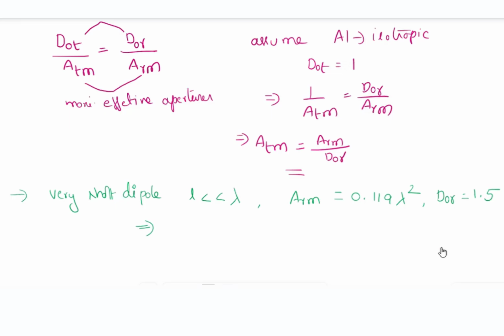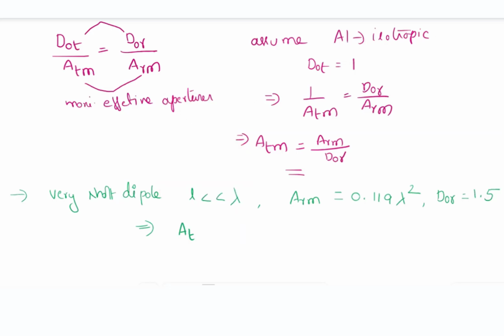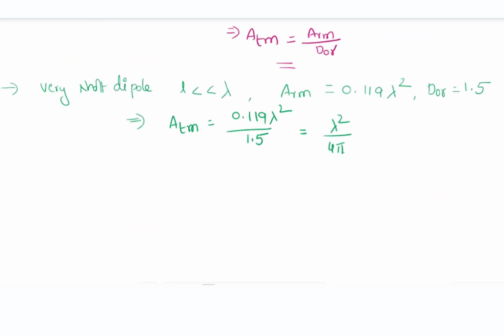If you substitute these two into this expression, you're going to get ATM is equal to 0.119 lambda square by 1.5. So you're going to get lambda square by 4 pi. So ATM is lambda square by 4 pi for a short dipole.